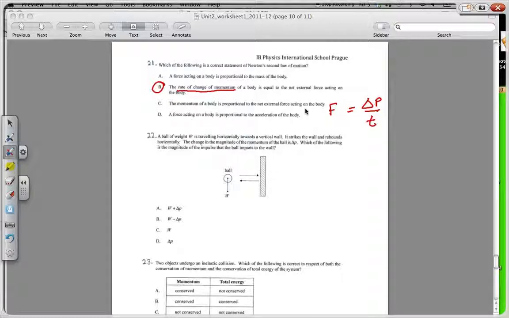No, it isn't. We can see from this it's proportional to the acceleration. The force acting on the body is proportional to the acceleration of the body. Not always. We have the net force acting on a body. So it would be B.